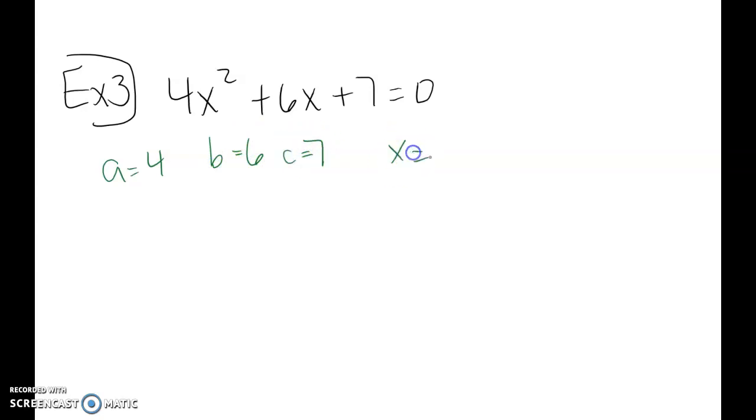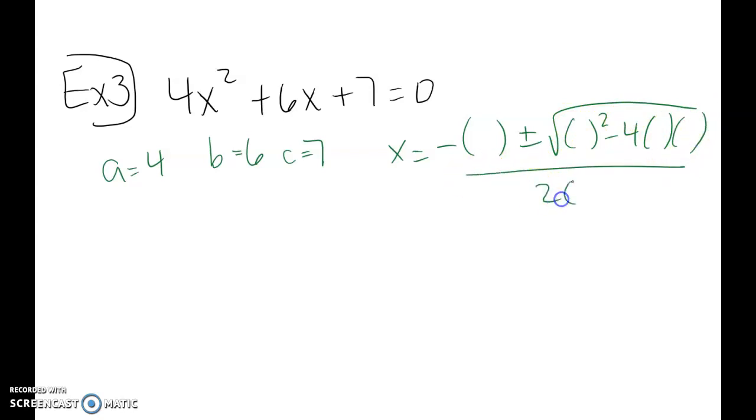And then my formula is negative B plus or minus the square root of B squared minus 4AC all over 2A. So B is 6, A is 4, and C is 7.